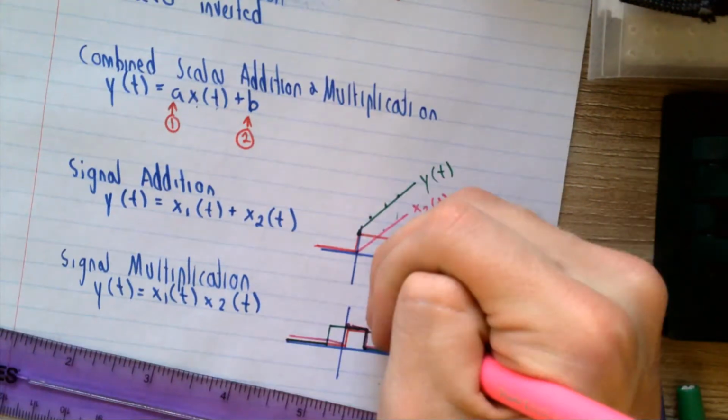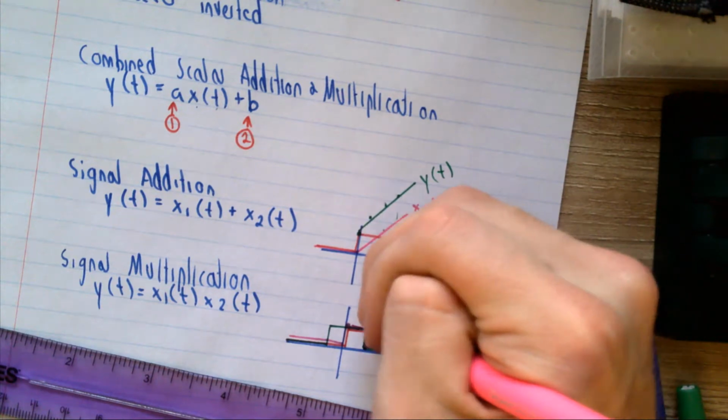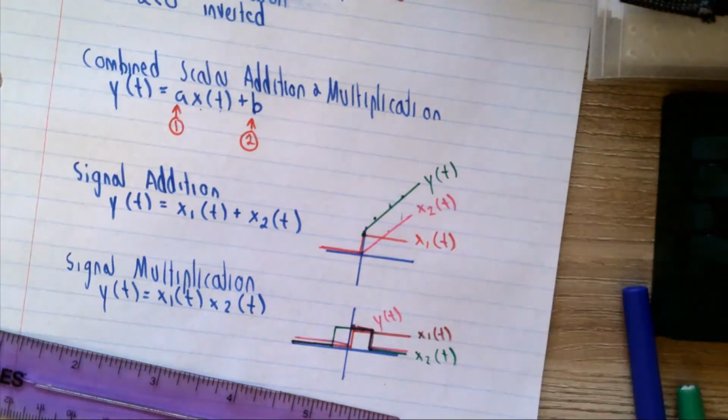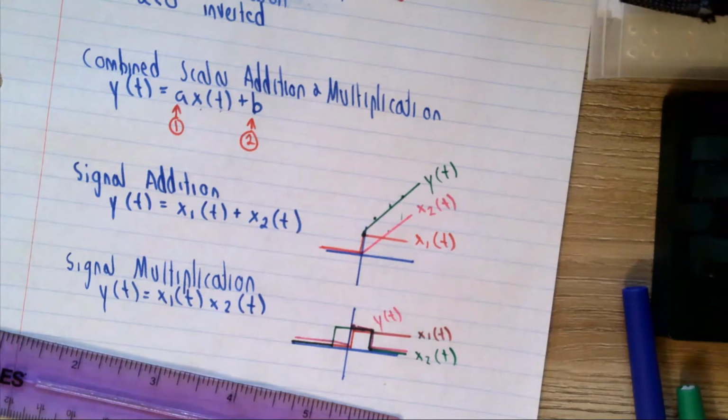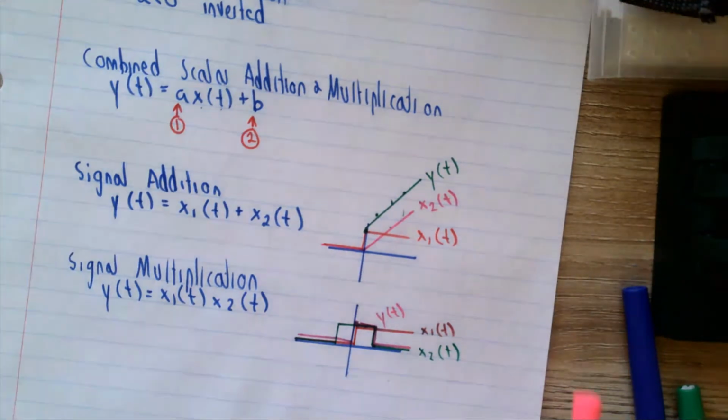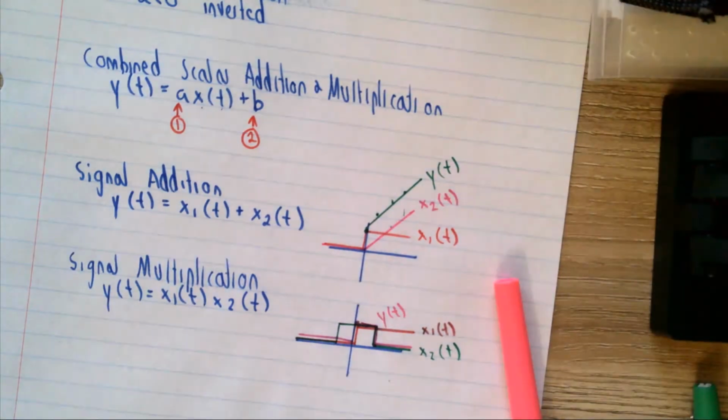So that's my y of t. Now that we talked about signal addition and signal multiplication, we need to talk about time shifting. Time shifting is when you shift the signal either to the left or the right. Here we're going to look at what happens to the independent variable.